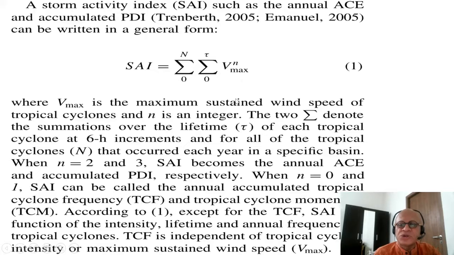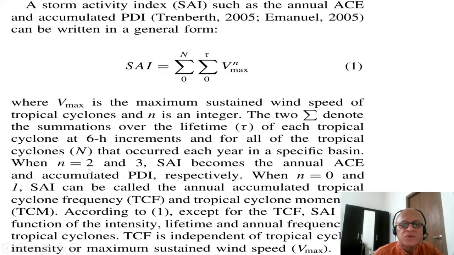N is an integer. We will see what that stands for. The two sums denote summations over the lifetime of each tropical cyclone at 6-hour increments, and for all of the tropical cyclones N that occurred each year in a specific basin. So you can do this by basin in each hemisphere.